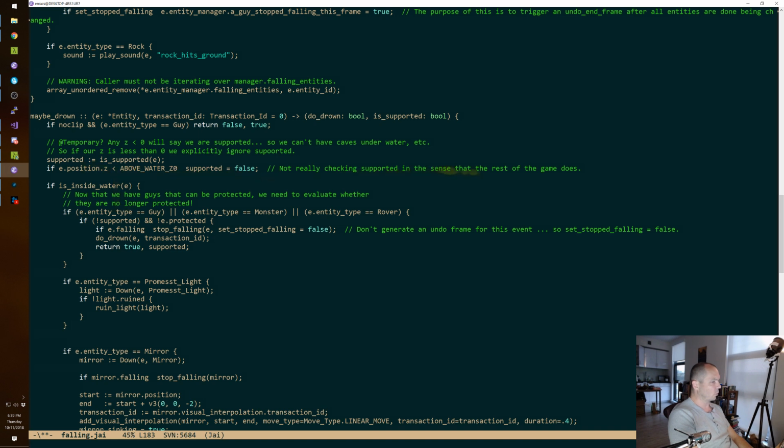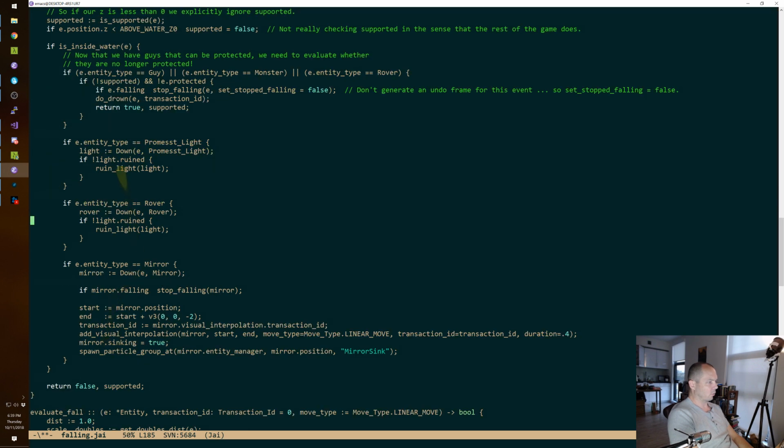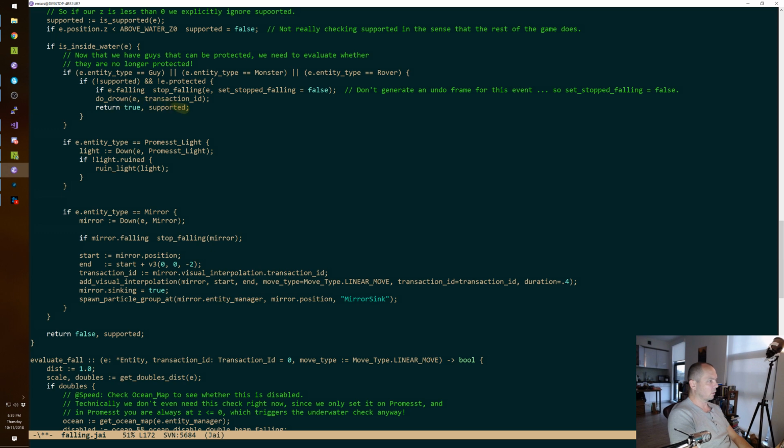We're going to do rover. We already have a rover here. Oh, shoot.